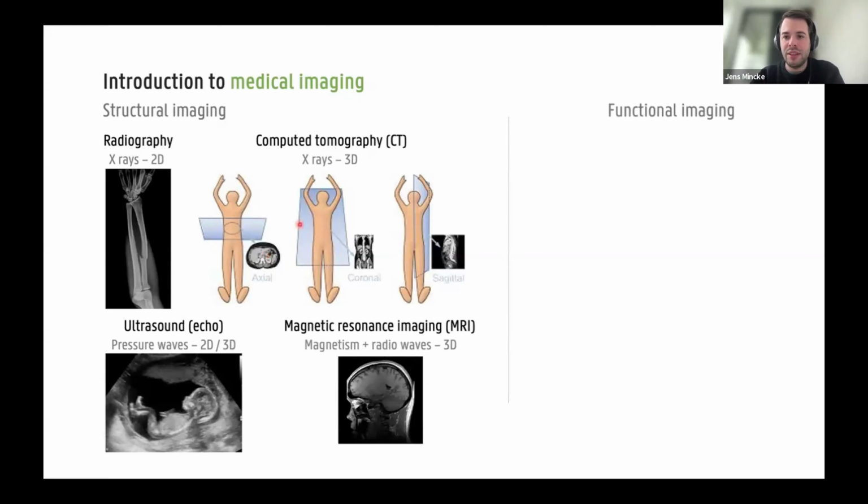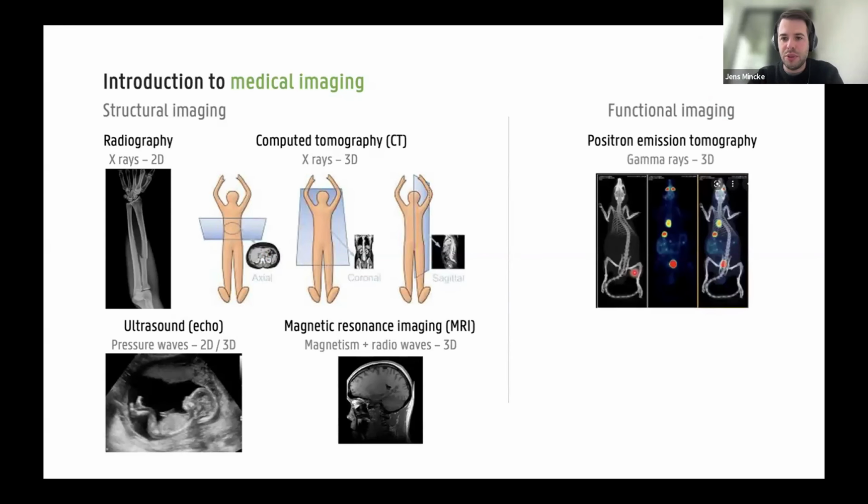And on the other hand, you have functional imaging. One example is positron emission tomography, which uses gamma rays to visualize what is going on.